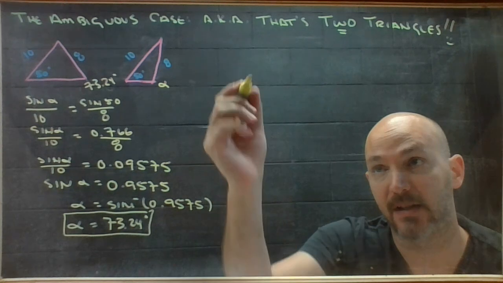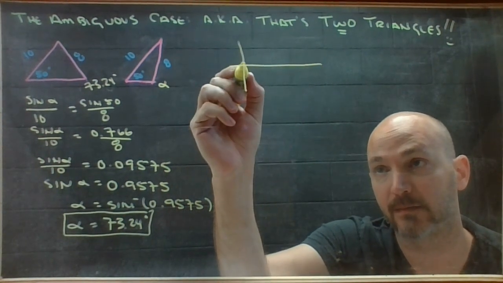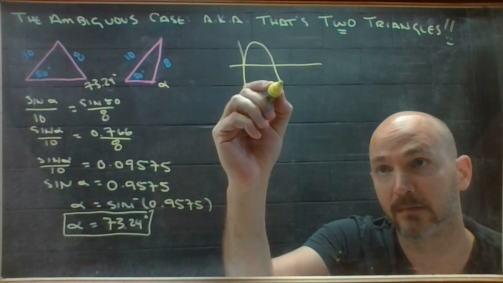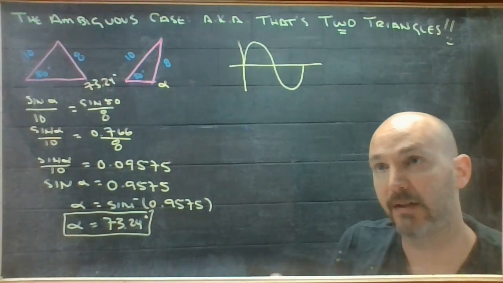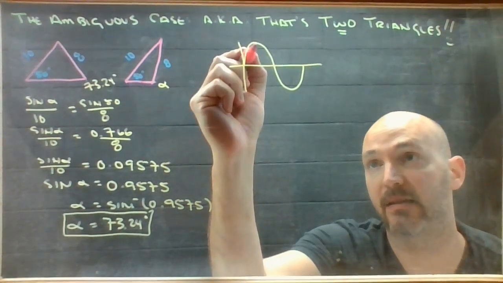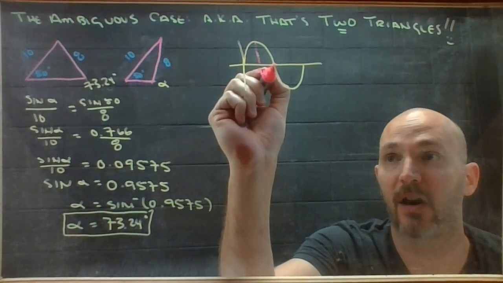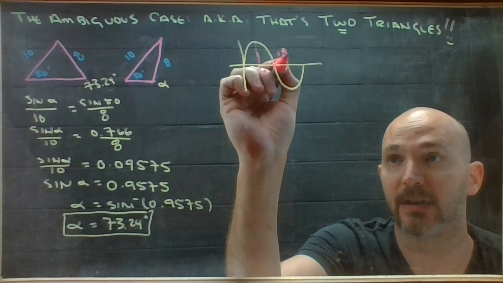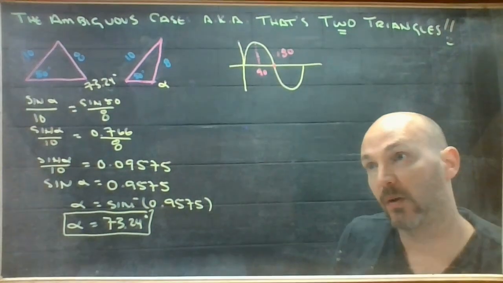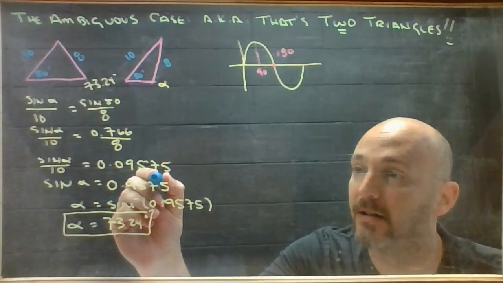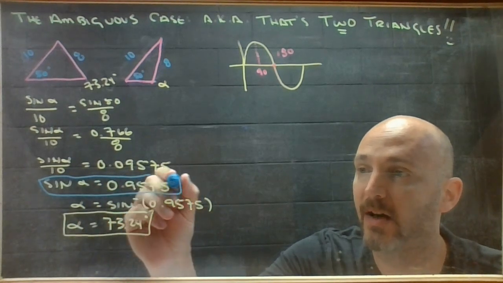I'm just going to sketch the sine wave for you for a minute. I'm going to remind you that sine peaks at 90 degrees and it crosses the x-axis at 180 degrees. So I got to this line here. Sine alpha is 0.9575.